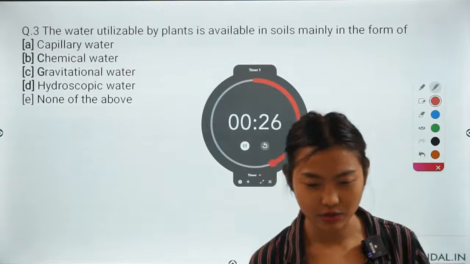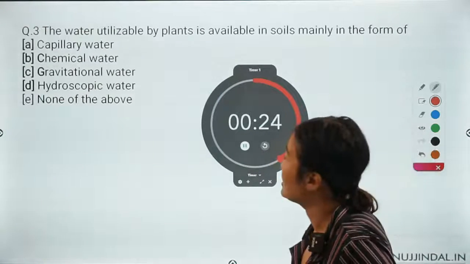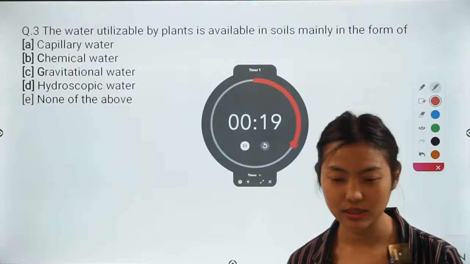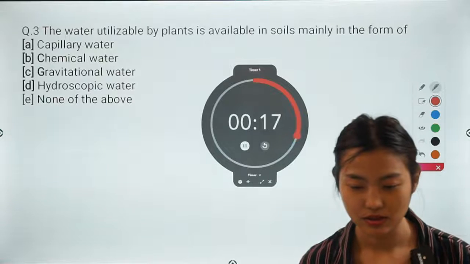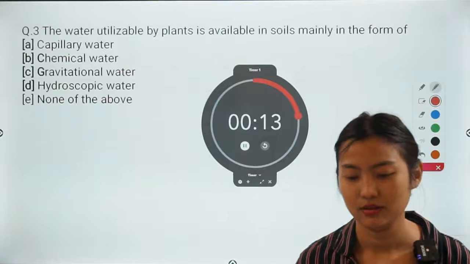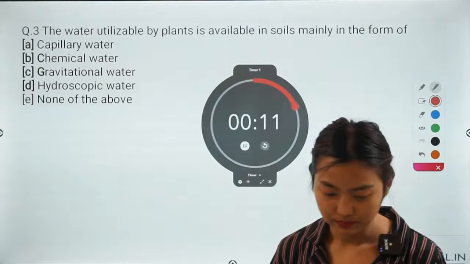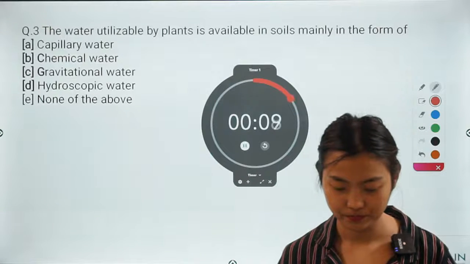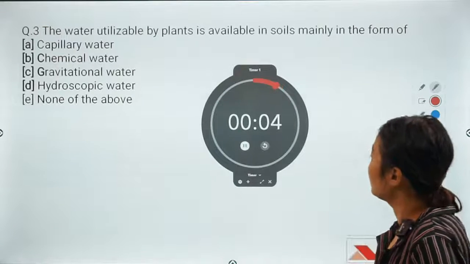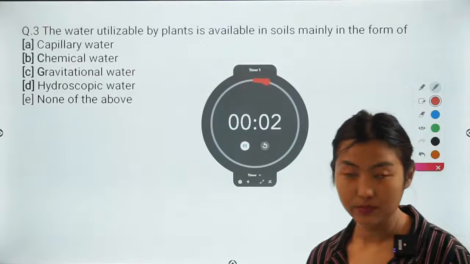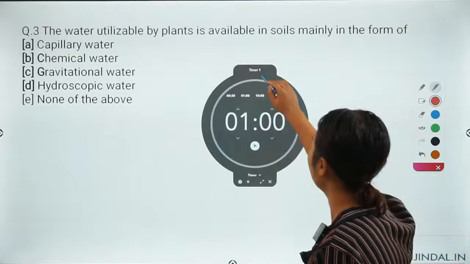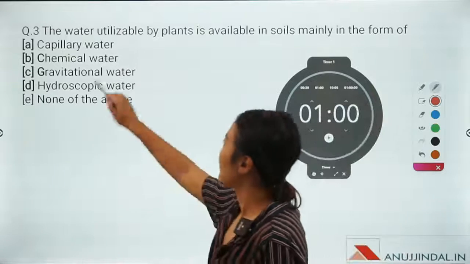Nilesh is saying hygroscopic, Shushan says A, capillary, Anurag is saying D, and Vikash is saying gravitational. Till now we have 3 capillaries. All right, the right answer is capillary water.